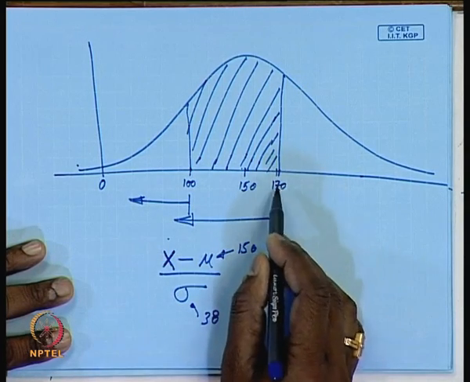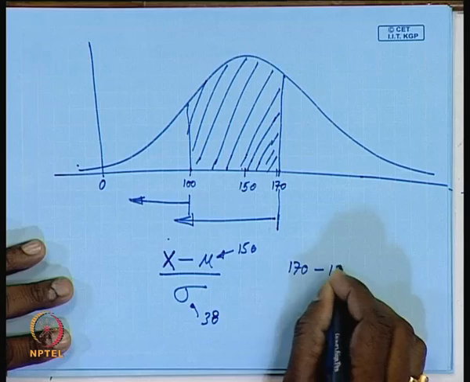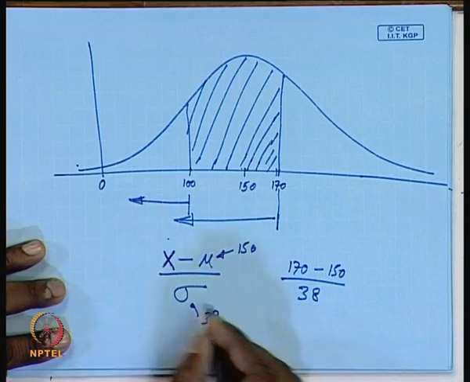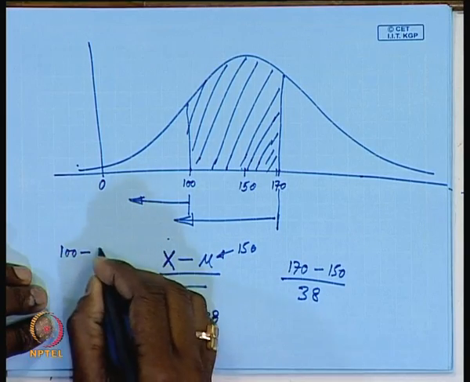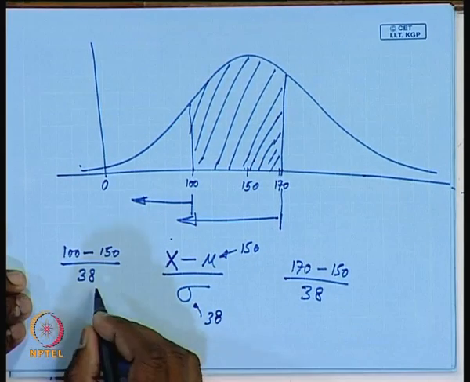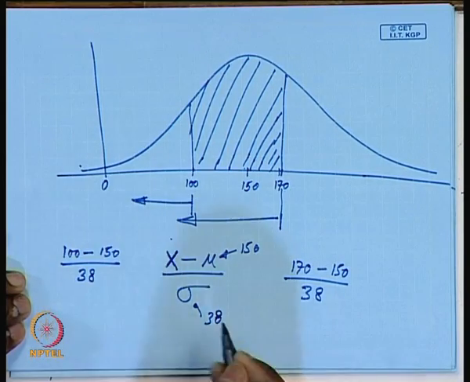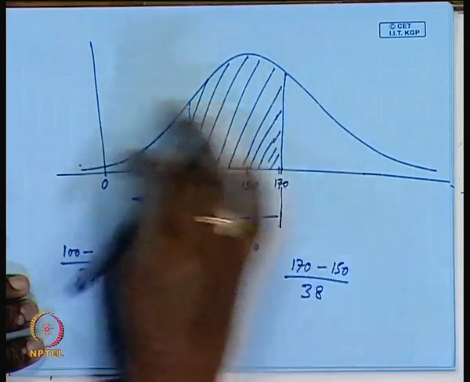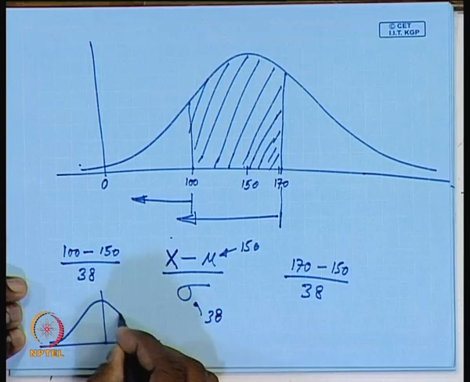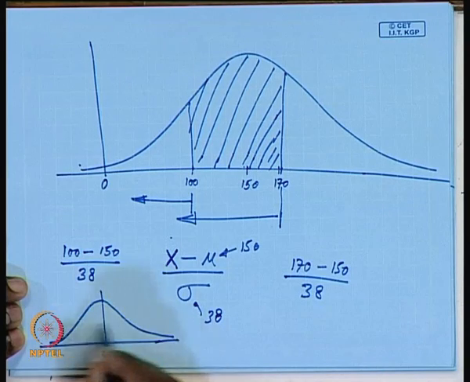Now for this 170, the reduced variate will be 170 minus 150 divided by 38. Similarly for the 100, the reduced variate will be 100 minus 150 divided by 38. Basically, taking this full graph, we are converting it to another normal distribution for which the mean is 0 and standard deviation is 1.